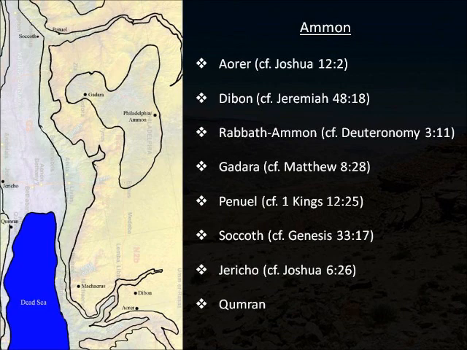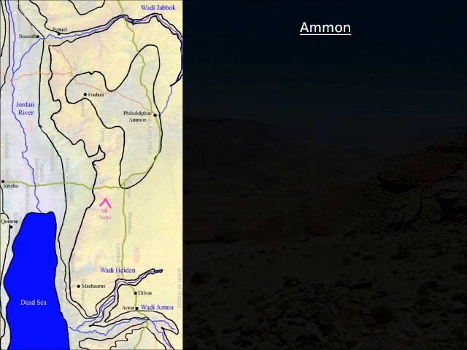Now, to the south, we have the fortress cities of Dibon and Aroer, and then over to the west side, we have the city of Jericho, and then to the south by the Dead Sea we have the city of Qumran. So go ahead and pause your video here and mark the map as I have shown.